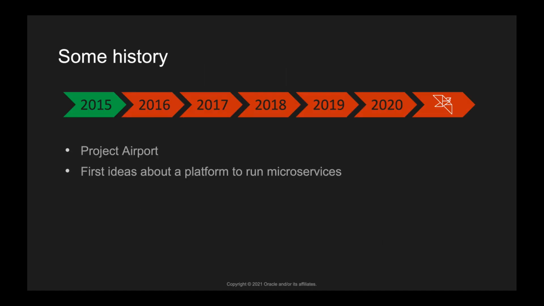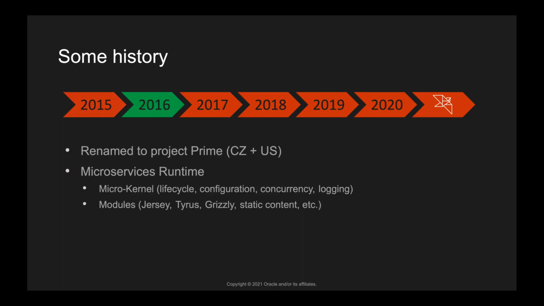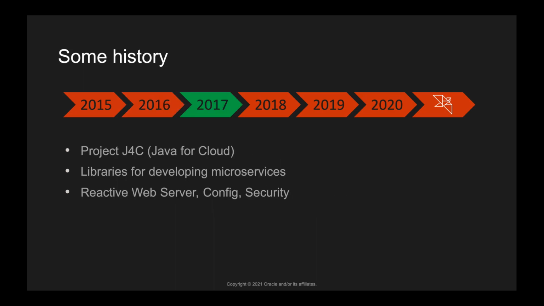So actually, how did we start? It was back in 2015, when it got inspired by Spring Boot, I'll be quite honest, and a project called Airport was started, which was then renamed to Project Prime, and all the microkernels and modules were started and in progress to be created.